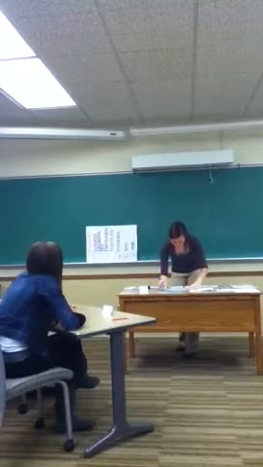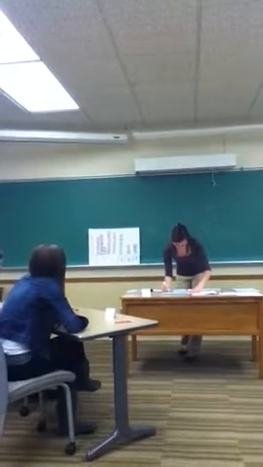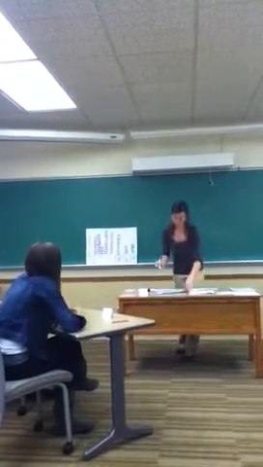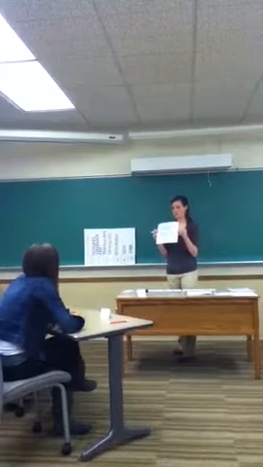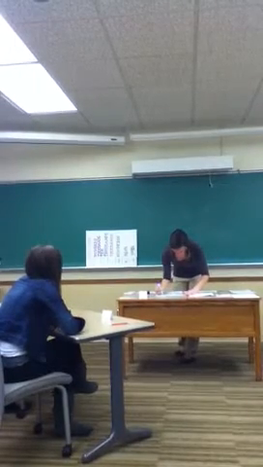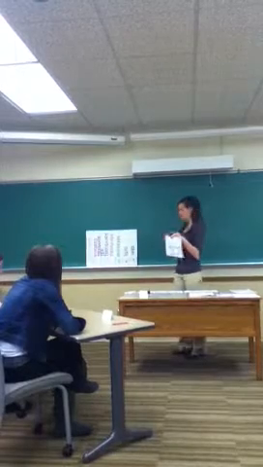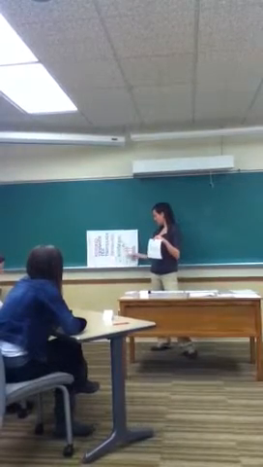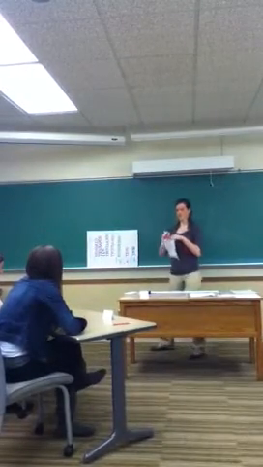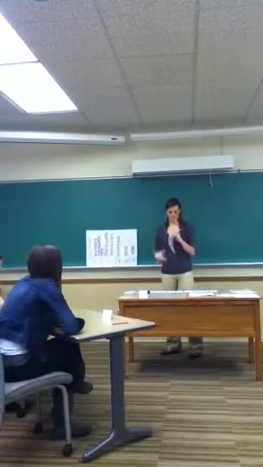So 5 times 100 is 500, 4 times 10 is 40, and 3 times 1 is 3. So to write that in expanded form, we would have 500 plus 40 plus 3. So that is how we would write 543 in expanded form, because we have 5 hundreds, 4 tens, and 3 ones. It's just the process of breaking up the number into their sums.